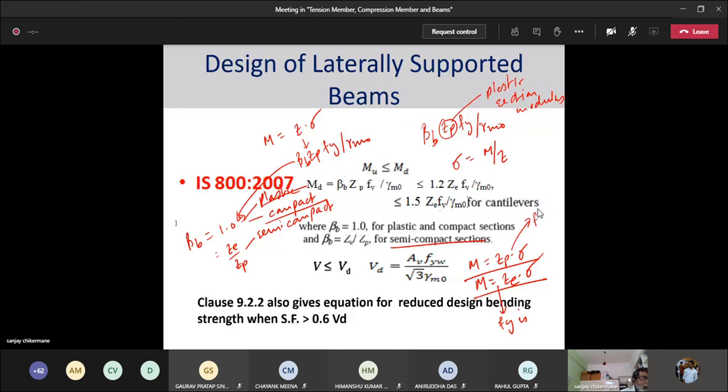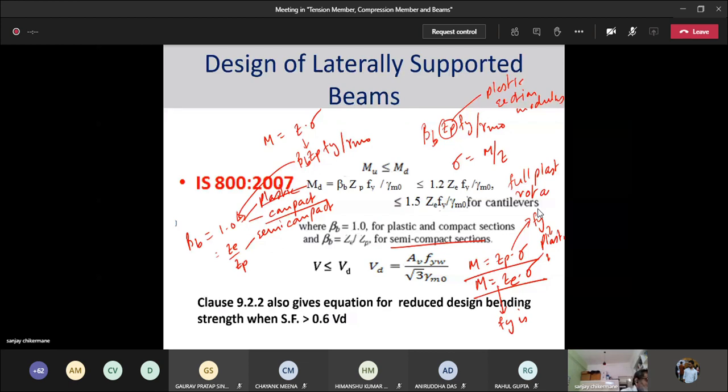Compact was Fy is possible, plastic is possible, but rotation around the plastic hinge is not. And plastic section was not only is full plasticity possible, but rotation is also possible around the plastic hinge.